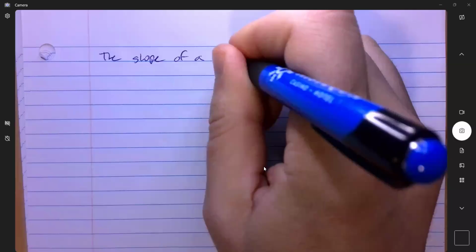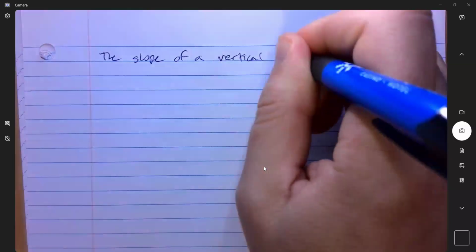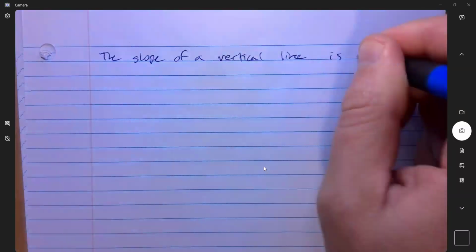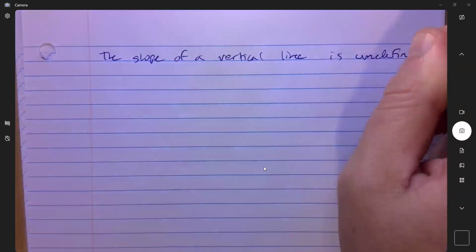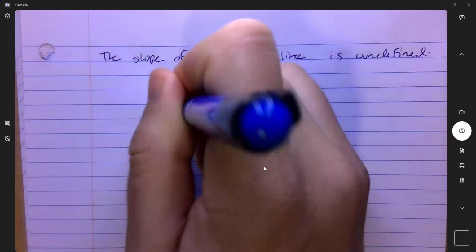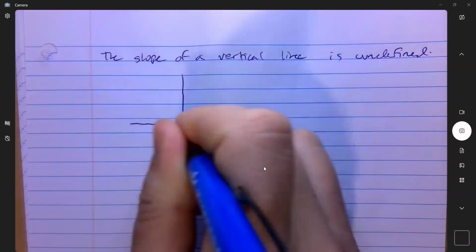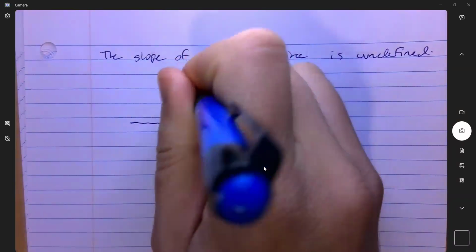All right, let's look at vertical lines. The slope of a vertical line is undefined. It has no value. So here's my vertical line.